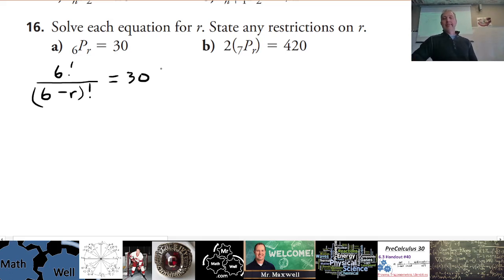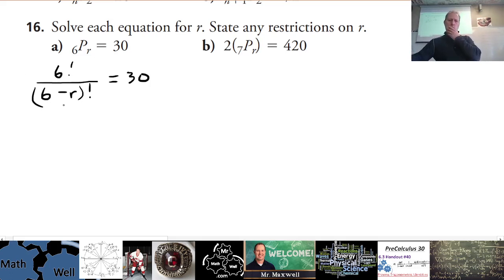So let's see. This is a bit of a tricky one because 6 factorial, how do you simplify this, right? So 6 factorial over 6 minus r factorial equals 30. If you go ahead and break 6 down, that's a little tough. How do you get r in the top?